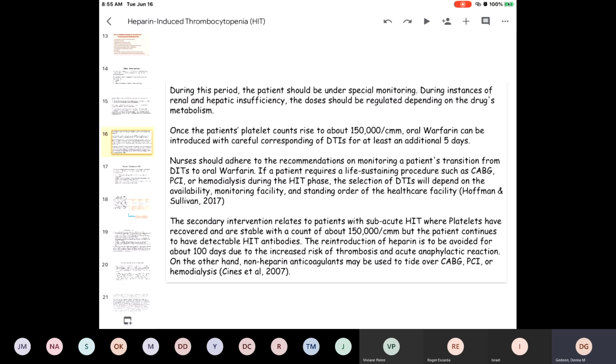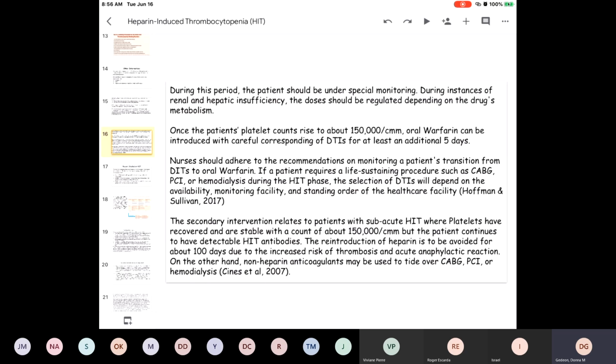The secondary intervention relates to patients with subacute HIT, where platelets have recovered and are stable with a count of about 150,000, but the patient continues to have detectable HIT antibodies.